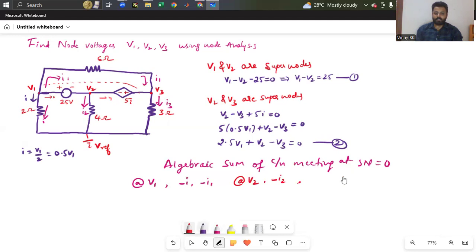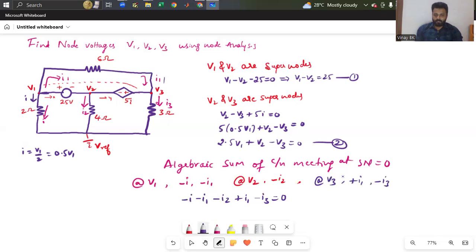Similarly, at node V3, I1 is entering, I3 is leaving, so that is plus I1 minus I3. You need to add all these currents meeting at supernodes, which will be equal to 0. So I am writing now: minus I minus I1 minus I2 plus I1 minus I3 equals 0. Algebraic sum of current meeting at all the supernodes equals 0.